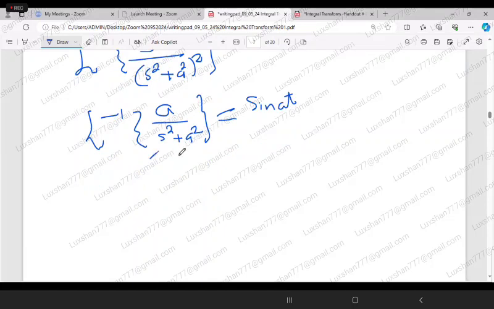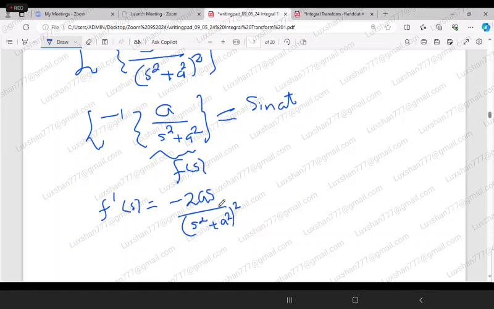So if you say this is your F(s), then F'(s) is equal to what? F'(s) is equal to minus 2as over (s squared plus a squared) all squared.